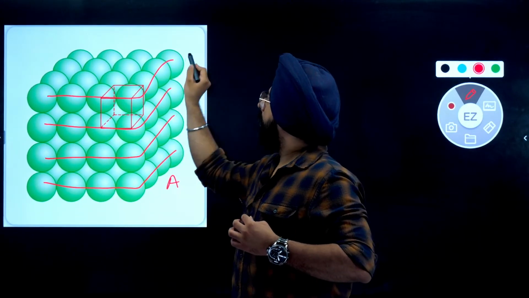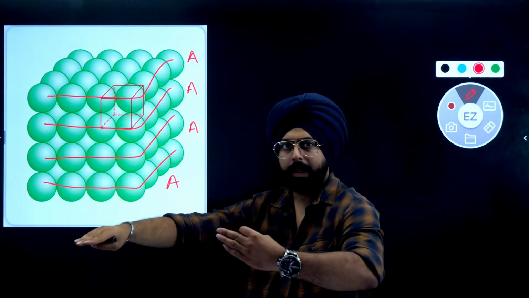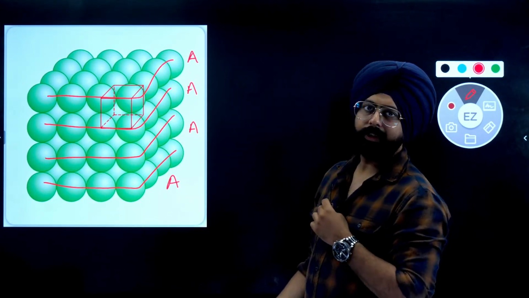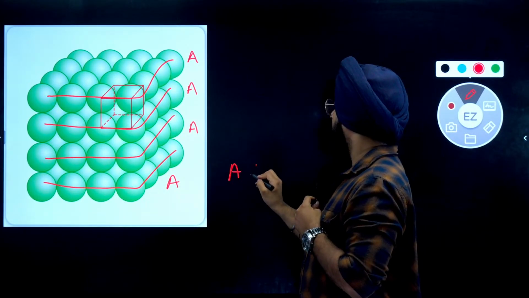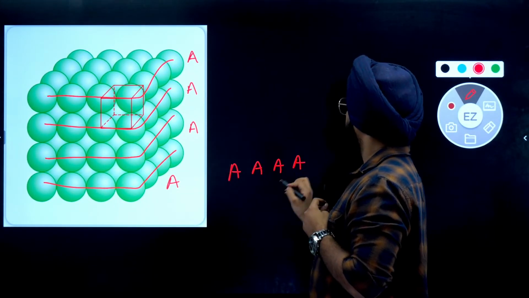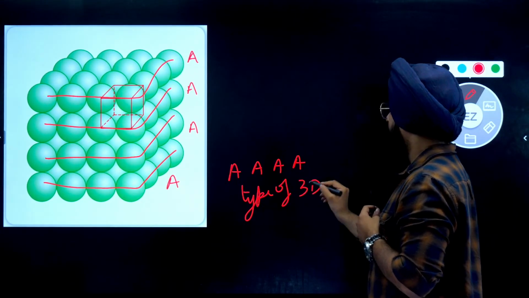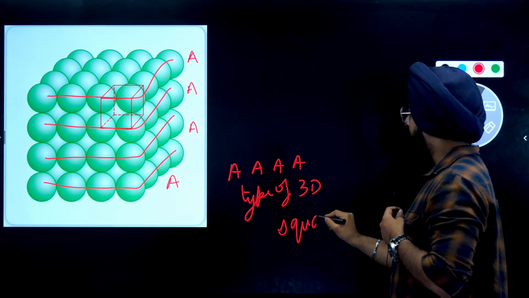This is also layer A. We're basically keeping layer A on top of layer A on top of layer A. So essentially this is again A type of 3D square packing.